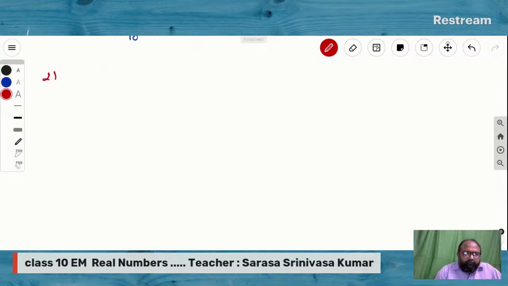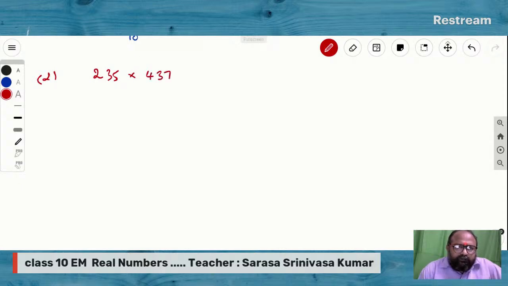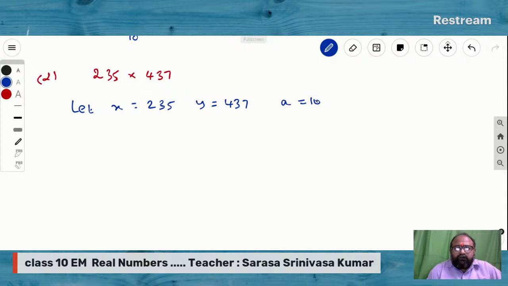The second problem, 235 multiplied by 437. So let x equal to 235, y equal to 437, and the base a equal to 10.